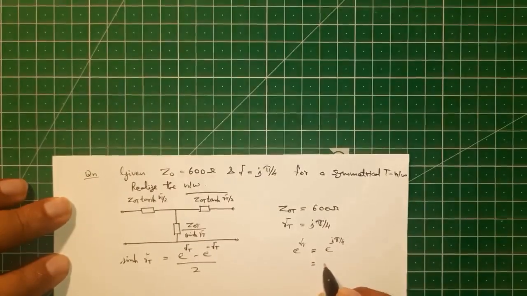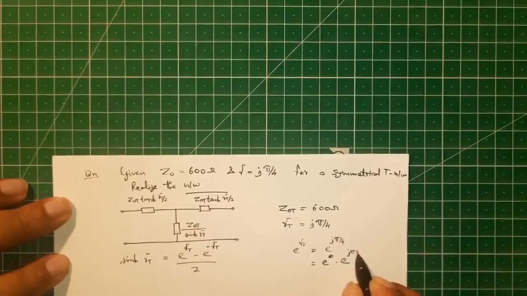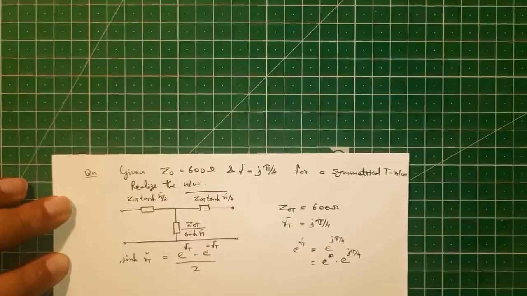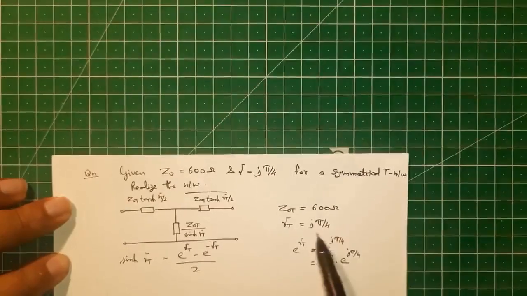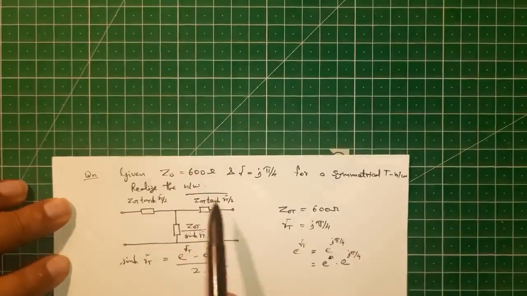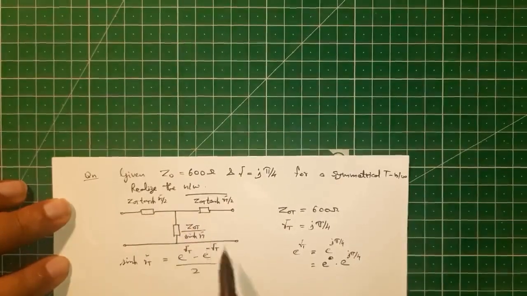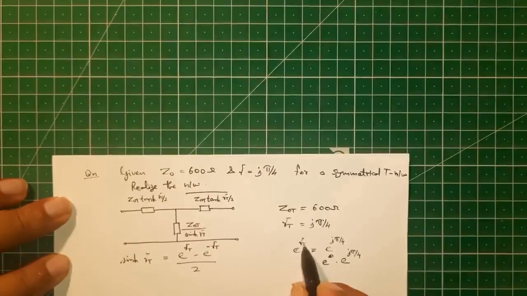So this is e power 0 into e power j pi by 4, because the attenuation constant is not there, only phase shift is there. So this is a purely reactive network, as we have discussed in the previous lecture.